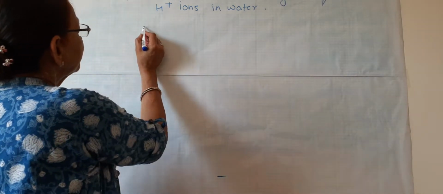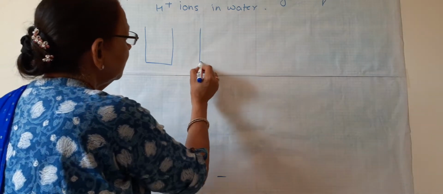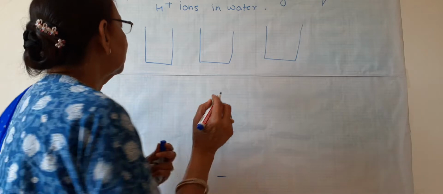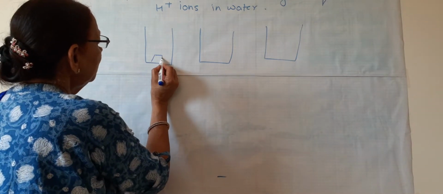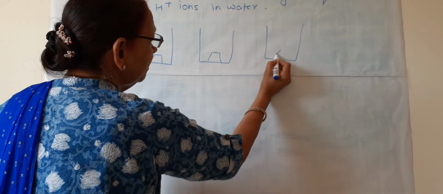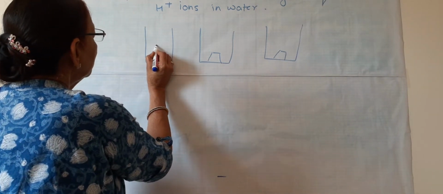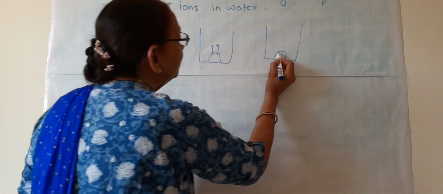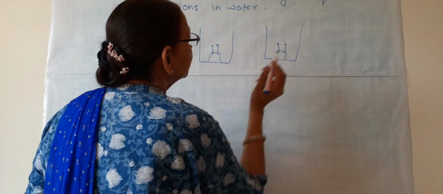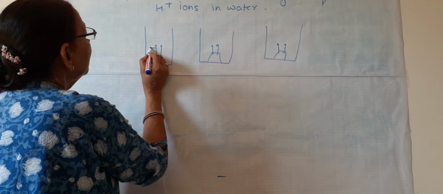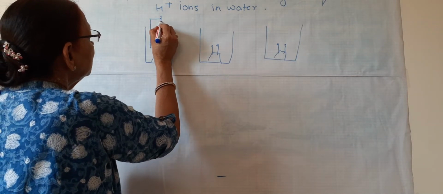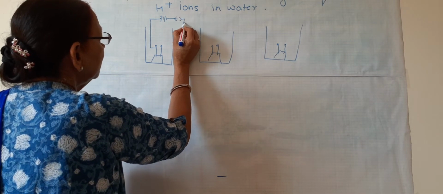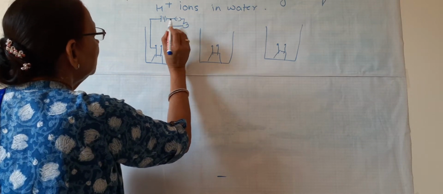First of all, suppose we take 3 beakers and form an electrolytic cell. How will the cell be formed? Take this rubber cork, put 2 simple iron nails, which will work as electrodes, and connect these iron nails with a battery, a switch and a simple bulb.